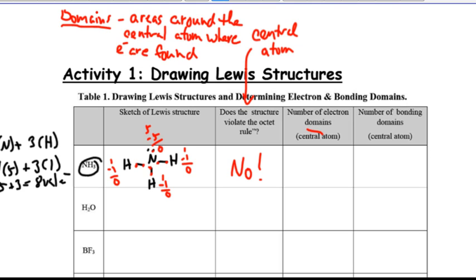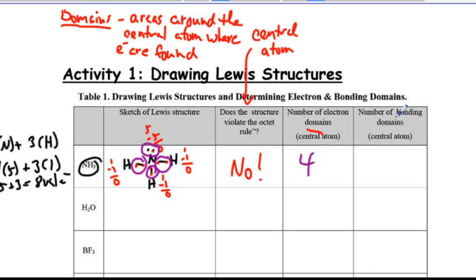So if I look around the central atom, where can I find electrons? On this nitrogen, I can find electrons above, electrons to the right, electrons below, and electrons to the left. So there are 4 electron domains. Similar to how we did Lewis structures, we have up, down, left, right. Could have possibly more areas too.